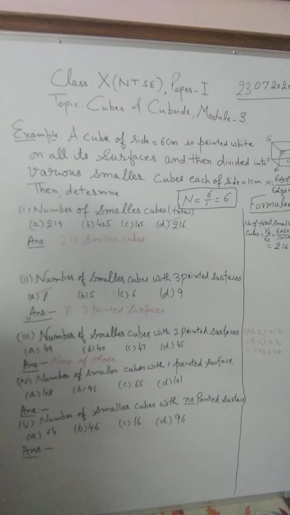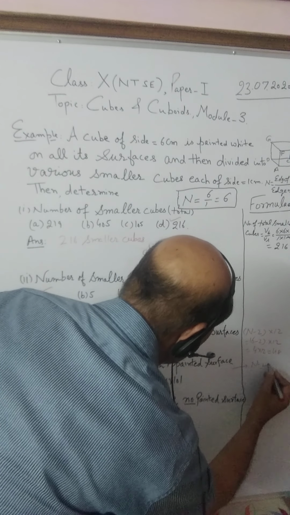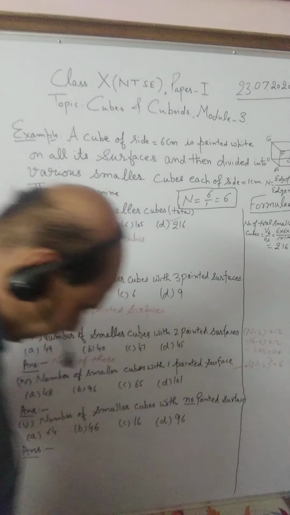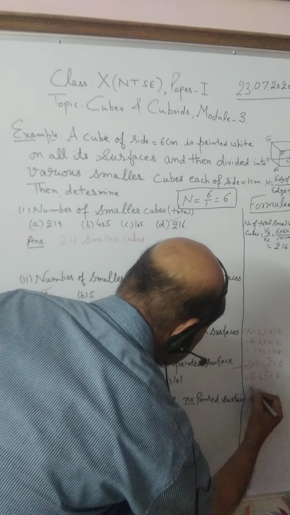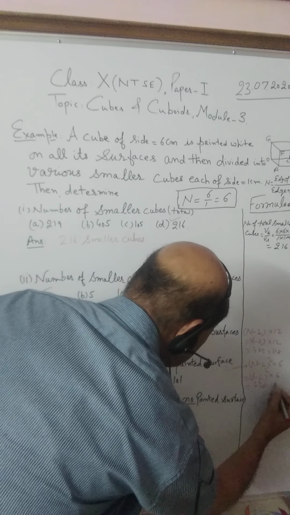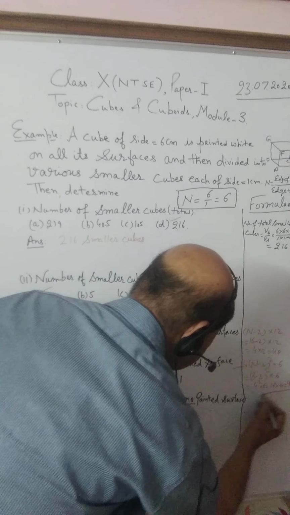Next, number of smaller cubes with 1 painted surface only. In this case, we will use the formula (capital N minus 2) whole square multiply with 6. That is equal to (6 minus 2) whole square multiply with 6, that is equal to 4 square multiply with 6, which is 16 into 6, that is equal to 96.